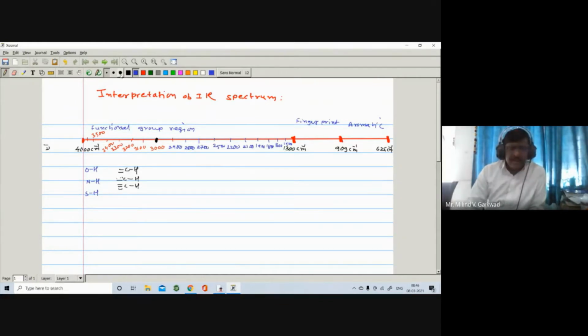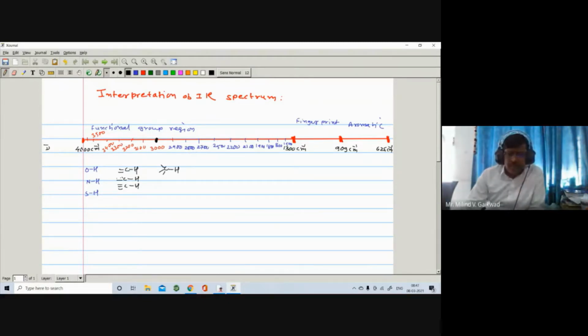Here we have one of the important bands: the hydrogen directly attached to a saturated carbon atom. If it is between 2900 and 3000, it is due to the hydrogen of alkane.